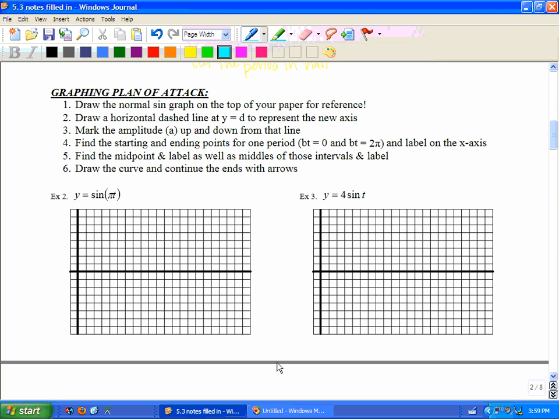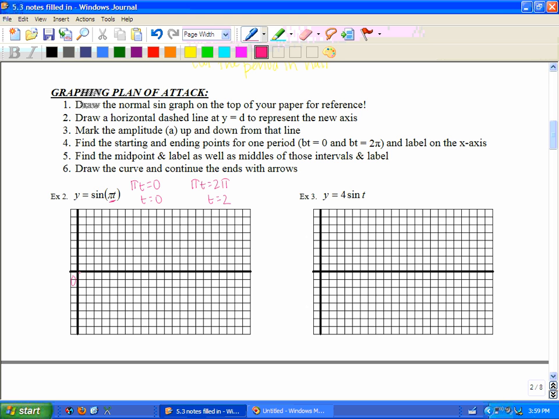So this kind of starts a little bit with section 5, I believe it is. So what we're going to do is take our center part here, the pi t, and set that equal to 0 and 2 pi. So either t equals 0 or t equals 2.